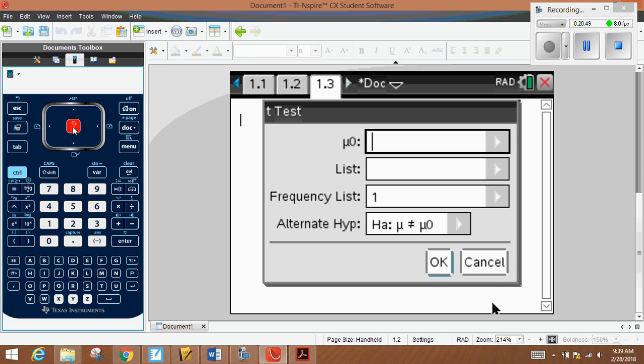What did we say that the mean was? We said 50, right? Our list we choose will be radio. We don't change that frequency list. Our alternative hypothesis, though, we will have to change.